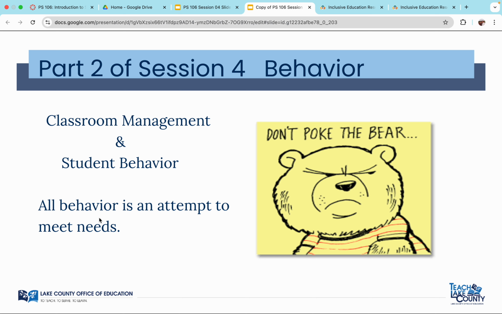So, classroom management and student behavior: all behavior is an attempt to meet needs. If a student is telling you to F off, it's because the need they want is to be left alone, right? Or if a student is running away from a situation, they are not happy with a given thing and they want to escape. These are all general basic needs. And in a way, it's natural.